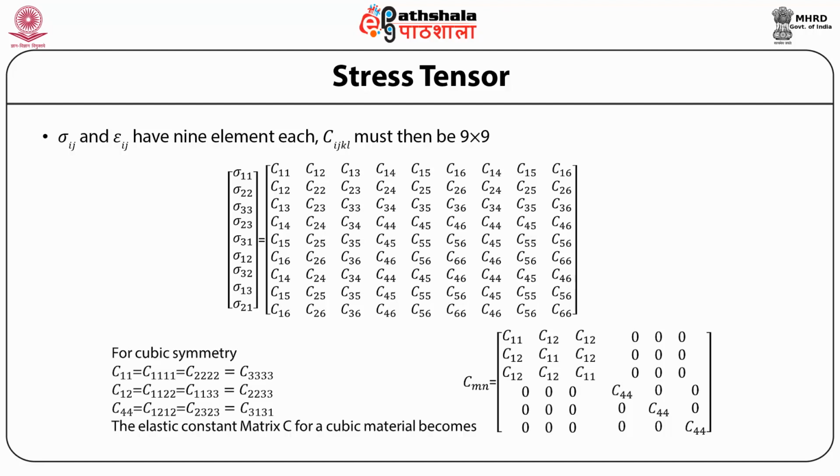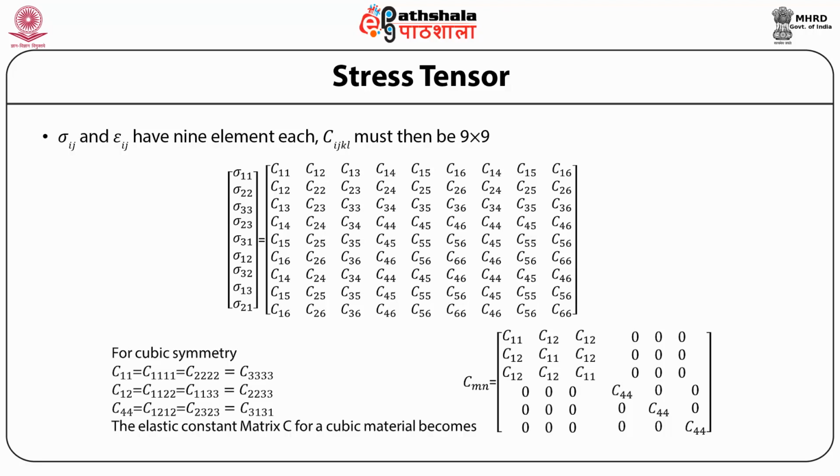These are C11, C12 and C44, where C11 equal to C2222 equal to C3333, and C12 is C1122 equal to C1133 equal to C2233, and C44 is equal to C1212 equal to C2323 equal to C3131.